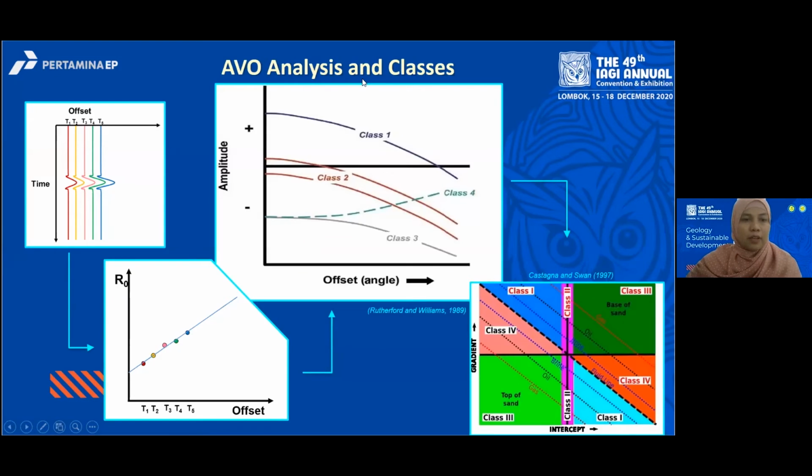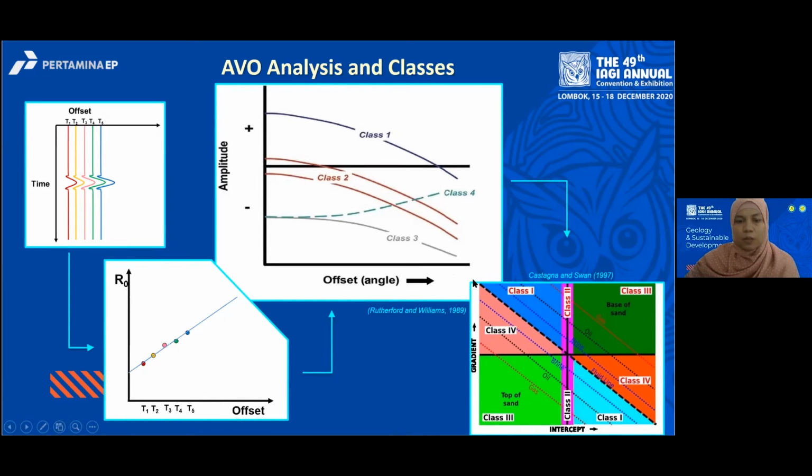And then the next, before conducting the AVO analysis and classification, what we do is basically pick the amplitude value here over their offset and then plot them into their respective offset. And once we have the plot, we can determine what class of AVO anomaly they are.